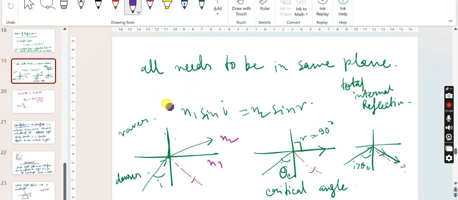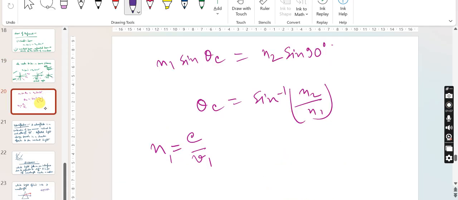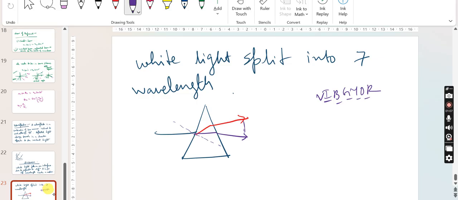Another thing we need to remember is the use of total internal reflection. We couple light in the fiber using this total internal reflection. So know that all our Wi-Fi, all our intelligence come from one place to another because there is a very large number of fibers, like at the seabed.